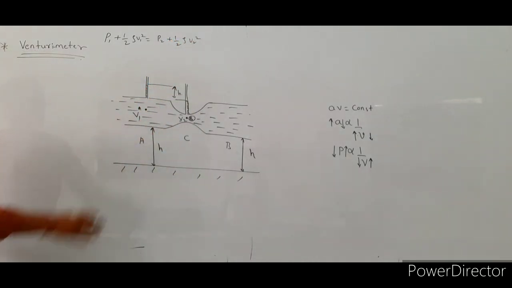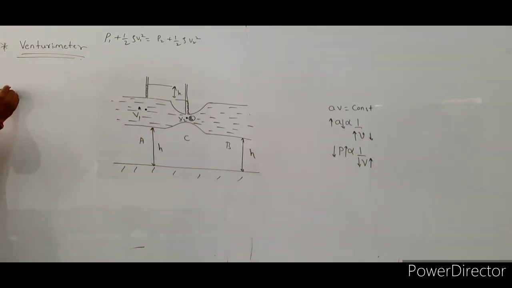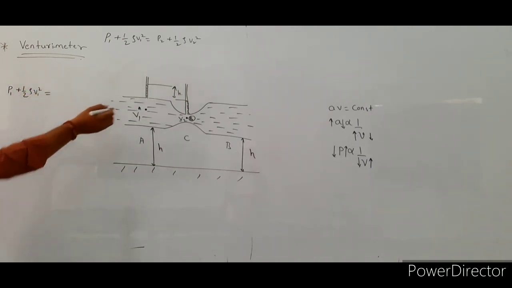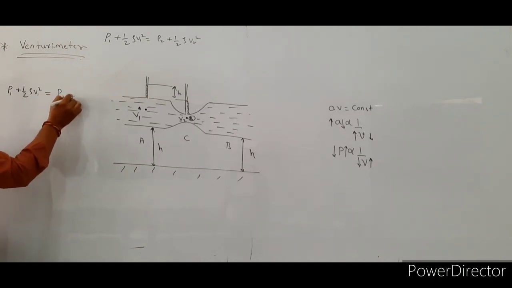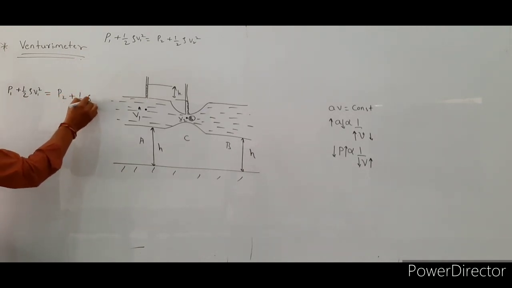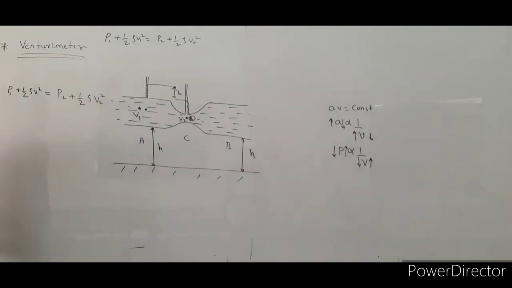So at point A, the pressure is P1 plus 1 by 2 rho V1 square, equal to the pressure at point B, that is P2 plus 1 by 2 rho V2 square.